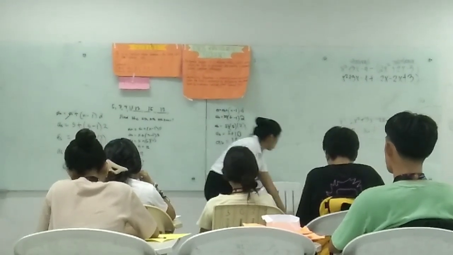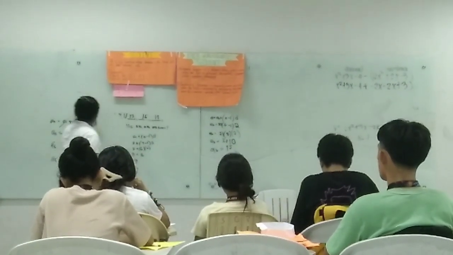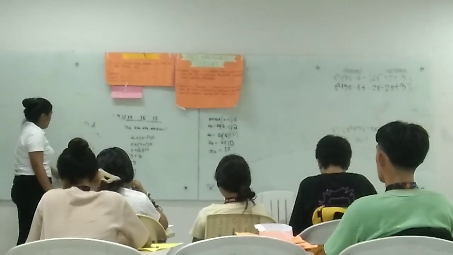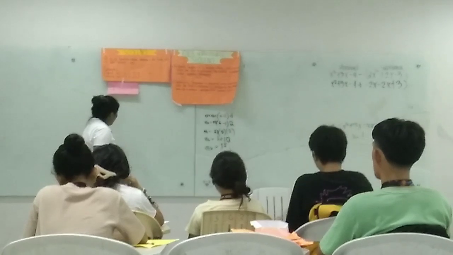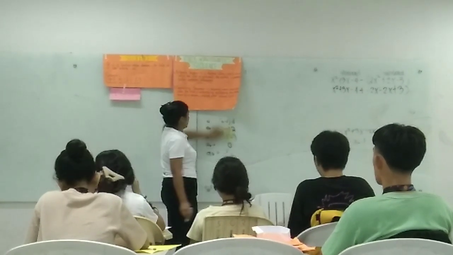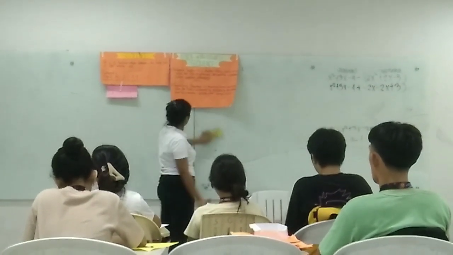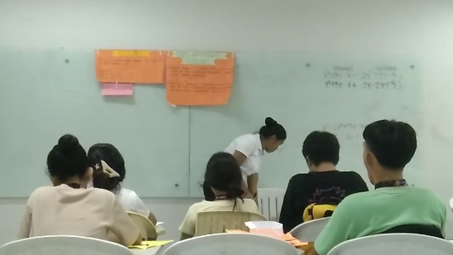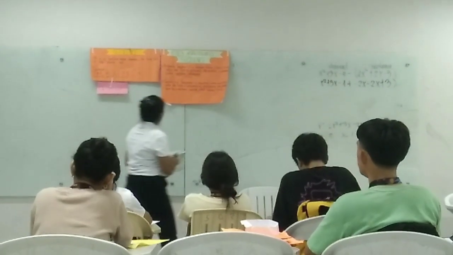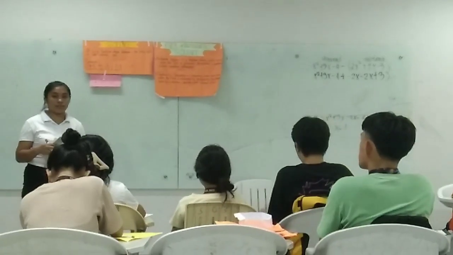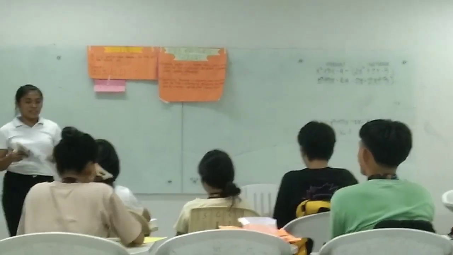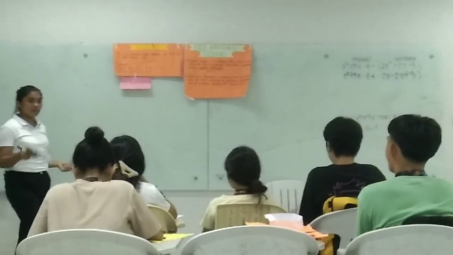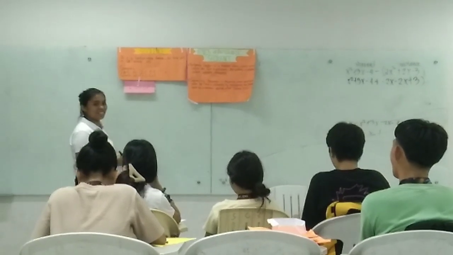Thank you so much. Next, let's move on to another type of sequence. So we have another kind of sequence, which is the geometric sequence. So what is a geometric sequence? Can you read it? Miss B, can you read?